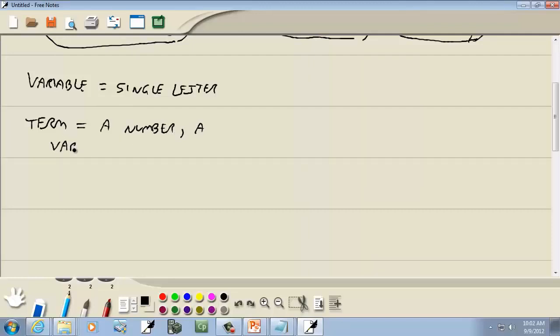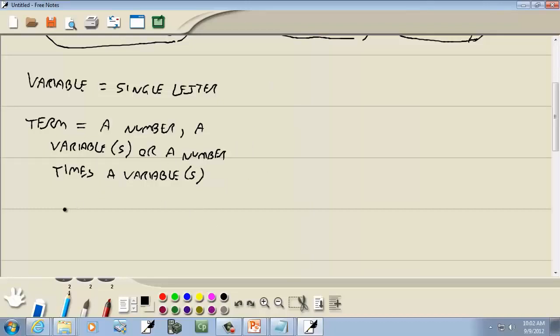This is a variable, and I'll put an S on here to indicate you can have more than one variable. Or a number times a variable, and I'll put an S on there to indicate you can have more than one.